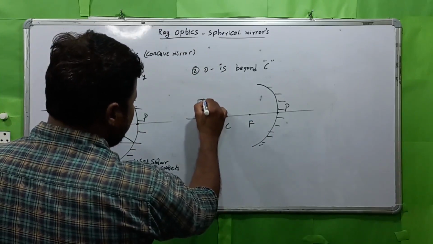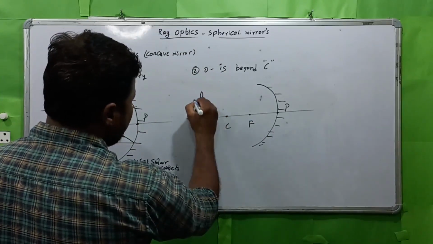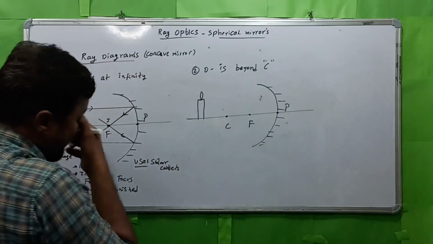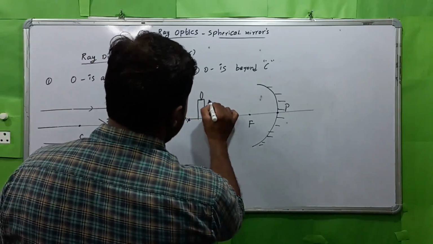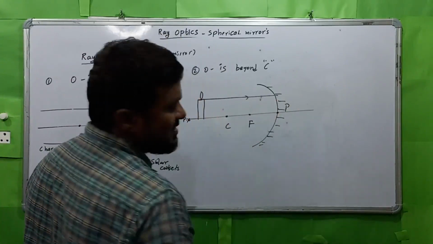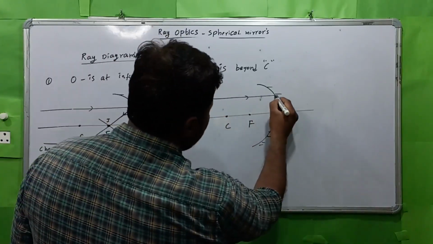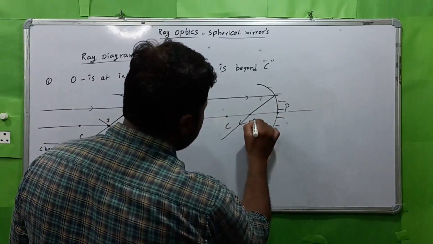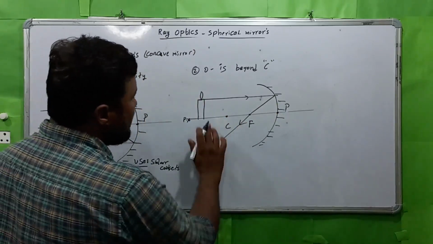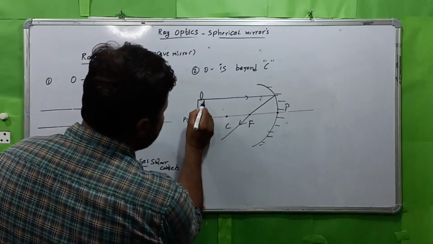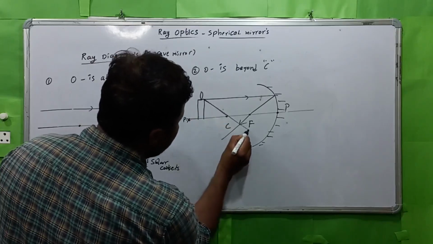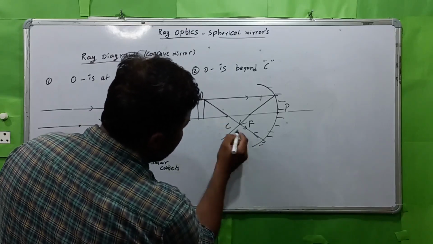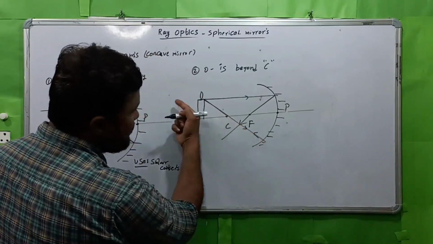Let us imagine a candle is the object. Minimum 2 rays are required to locate the image. If any light ray moves parallel to the principal axis, after reflection it moves through the focus, this way. I select this second rule: if any light ray moves through the center of curvature, it retraces its own path after reflection.